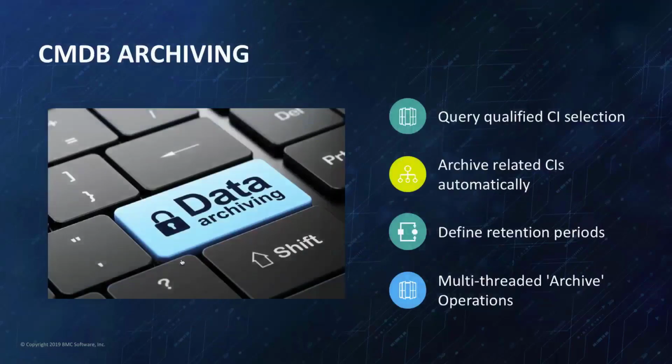Right? The second topic I want to talk about is CMDB archiving. That again expands or builds on the standard Remedy archiving capability that we had introduced in Remedy 9, if you recall. And very similar to ticket archiving, the CMDB archiving allows you to define rules or a query that basically defines which CIs should be archived under which conditions, right?